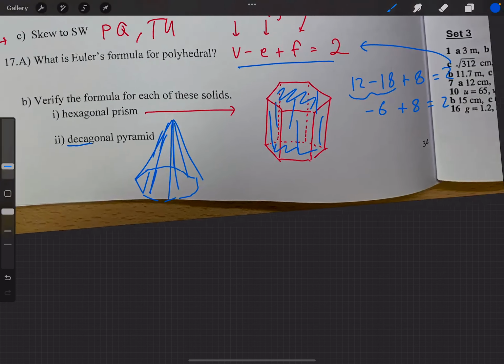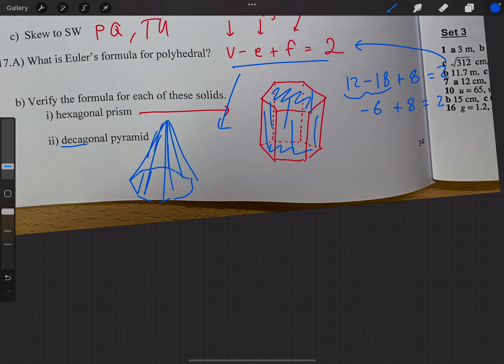Number of vertices. Well, we got 10 at the bottom and the apex at the top, so that's 11. Minus number of edges. We got 10 at the bottom and then 10 that go to the top, so 10 plus 10 is 20.